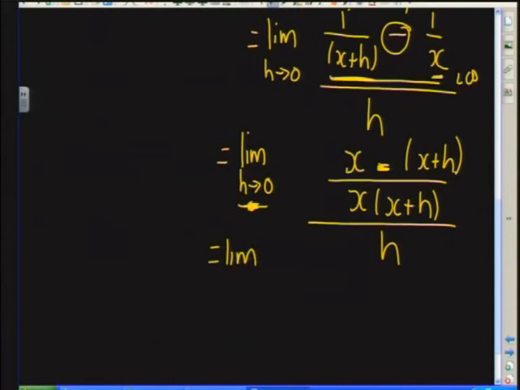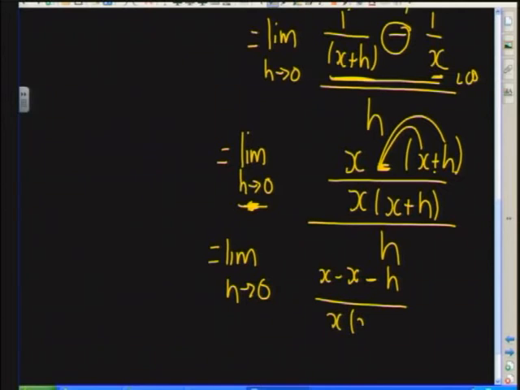All right, let's simplify a little bit further. So in the numerator, I now get x minus x, because I'm timesing the minus into the bracket. So negative times a positive is going to give me a negative h all over x times x plus h.